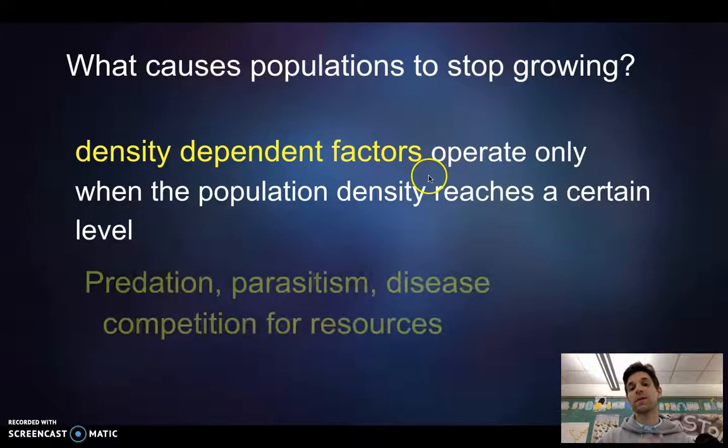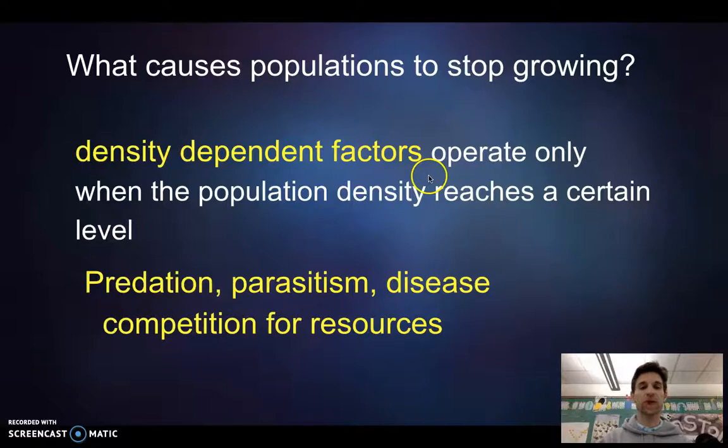And of course, we have density-dependent factors. These are the interesting factors that operate only when the population density reaches a certain level. For example, predation, parasitism, or disease operate at certain levels depending on the density of that species population. Predation occurs at higher rates when there are higher numbers of prey. Parasitism occurs at higher rates when organisms are living in closer contact with each other.